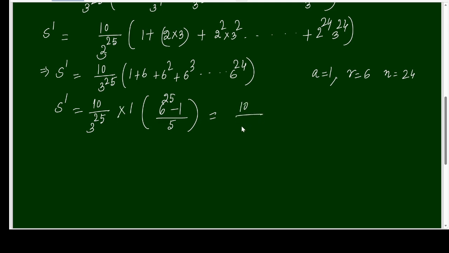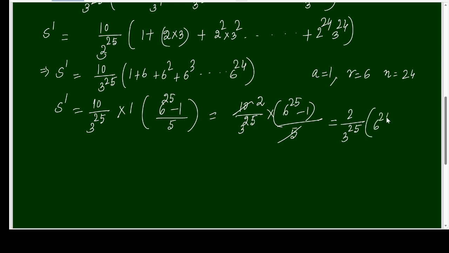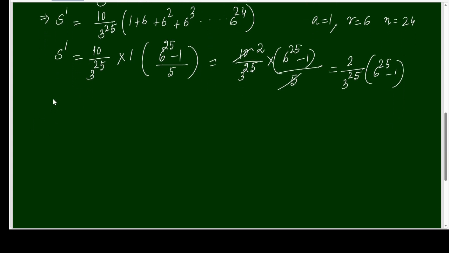So 10 over 3 to the power 25 into 6 to the power 25 minus 1 over 5. So 5 into 2, this will be 2 over 3 to the power 25 into 6 to the power 25 minus 1. S dash equals 2 into 6 to the power 25 over 3 to the power 25 minus 2 over 3 to the power 25.